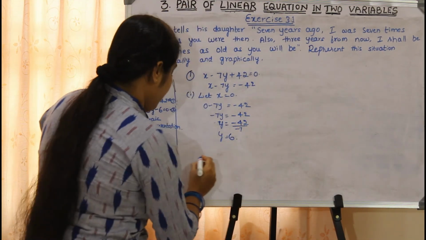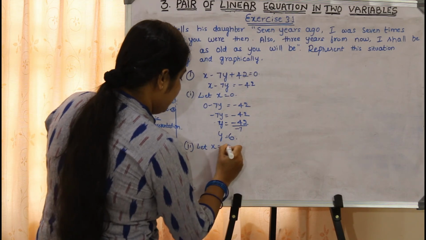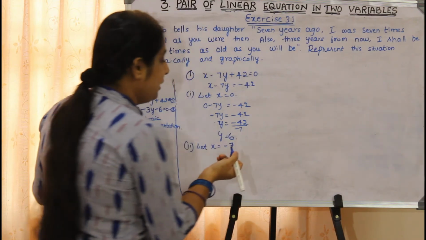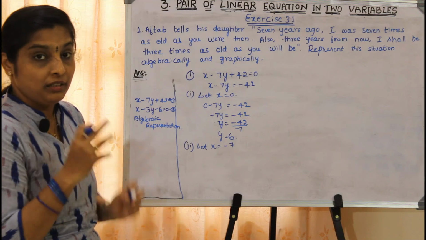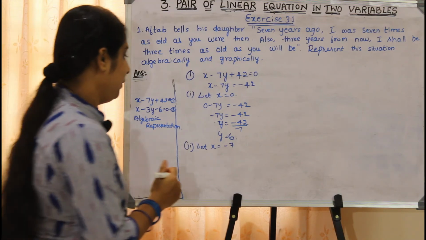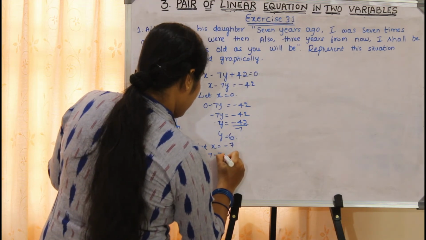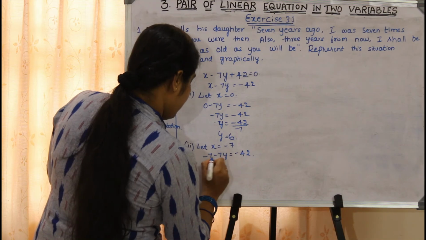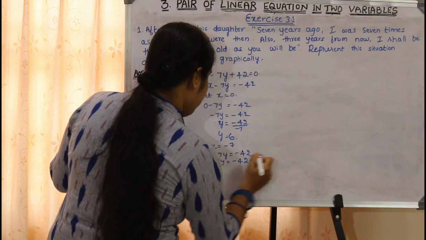Now let us go to the second one. Let x is equal to minus 7. As I told you, because I am getting the denominator 7, I am trying to get as many whole numbers as I can. That's why I am putting these values. So this becomes minus 7 minus 7y is equal to minus 42. So minus 7y is equal to minus 42 plus 7.